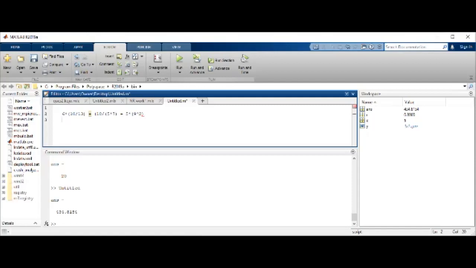So let's run this and see. Let me bring the bracket here. Now let's find it. Are we getting this answer now?